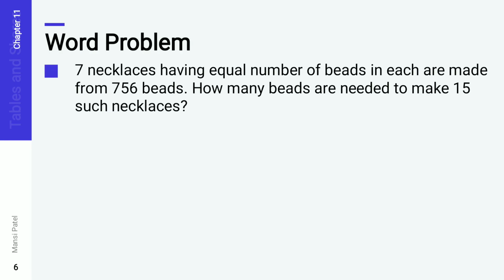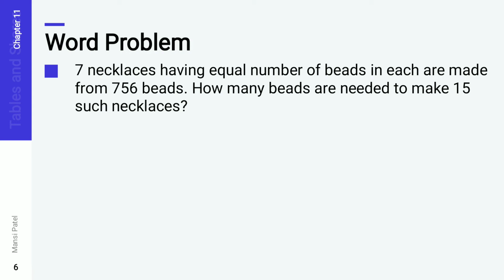7 necklaces having an equal number of beads in each. Now here they first gave the number of necklaces. How many necklaces are there? 7 necklaces are there. And in those 7 necklaces, the number of beads is the same in each. Each is made from 756 beads.